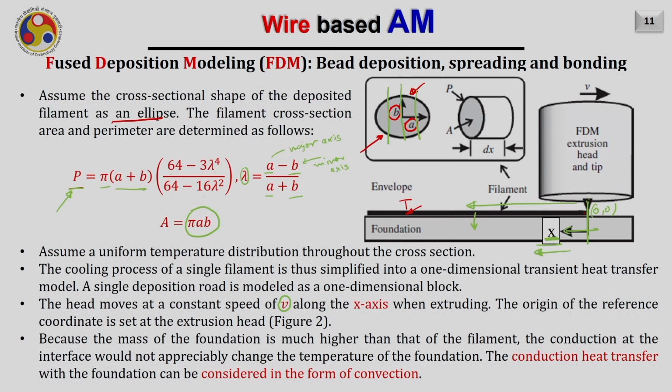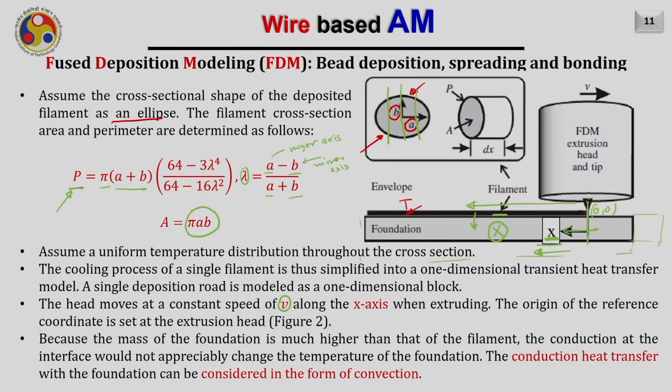The mass of the foundation is much higher, it is very large. In that case, the interface between the deposited bead and the foundation would not appreciably change the temperature of the foundation. Therefore, as the temperature of this foundation is not changing because it is very large, we are assuming it is not changing over the period of time, and we will assume that the conduction heat transfer with the foundation is nothing but coming from the convection itself.